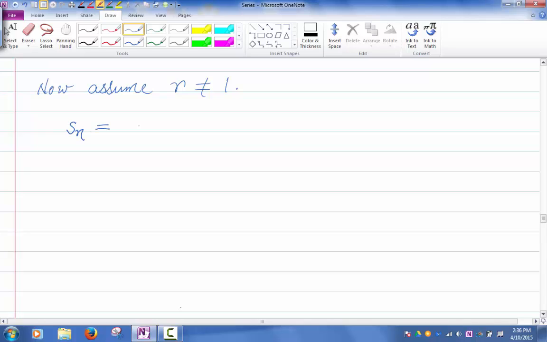Sn is a plus a times r plus a times r squared plus dot dot dot plus a times r to the n minus 2 plus a times r to the n minus 1, right? The last term is a times r to the n minus 1. Now, the trick is to multiply both sides by the common ratio r.